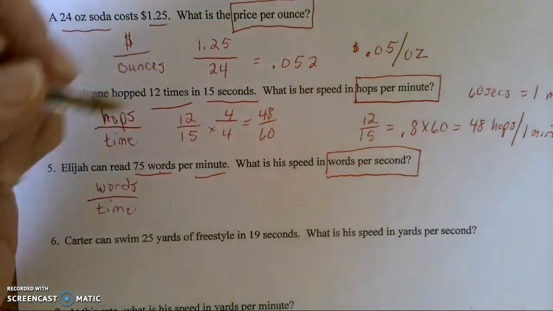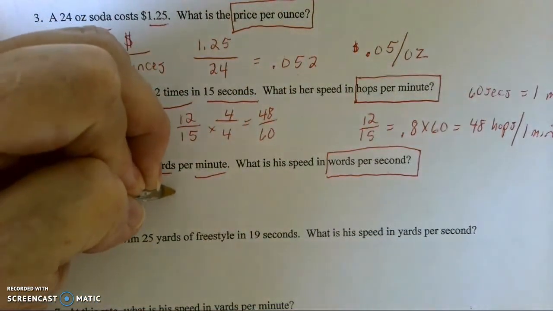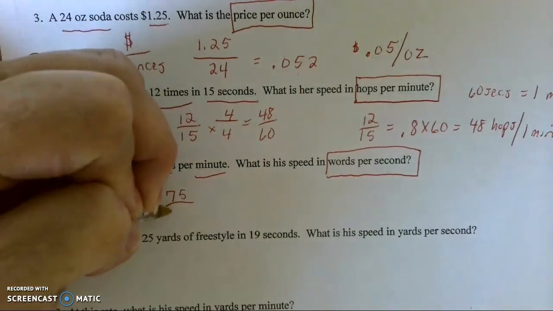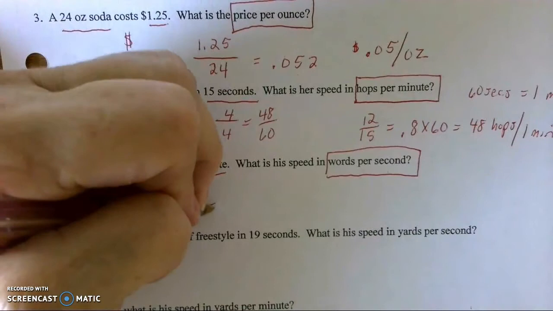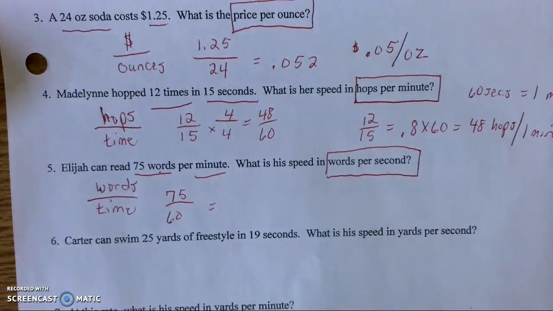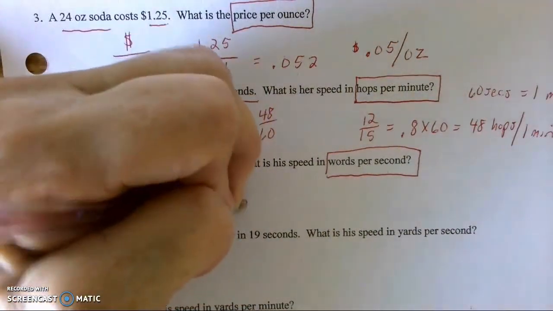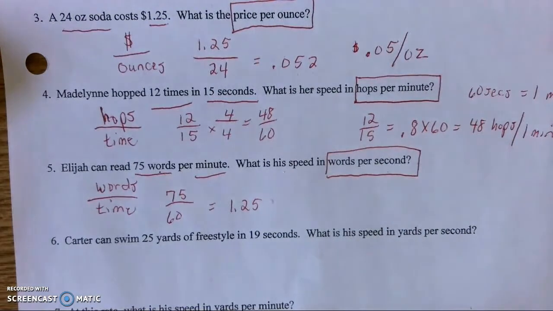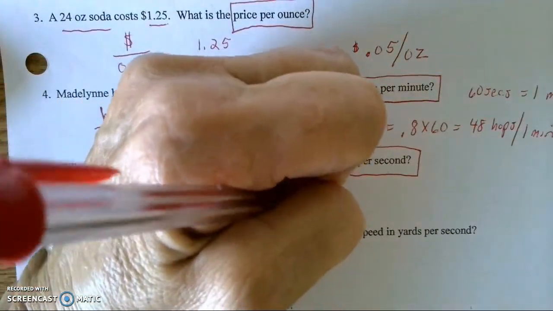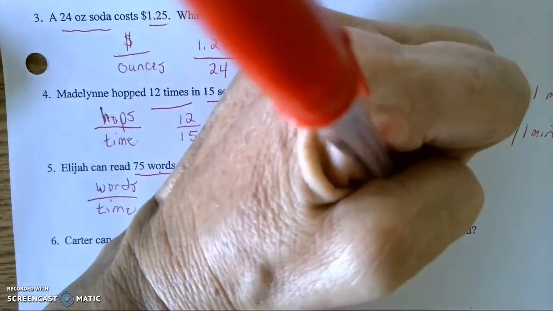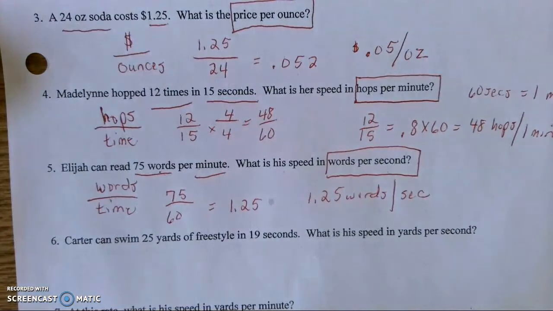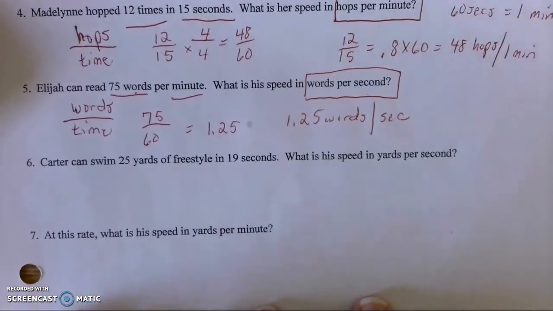So I'm going to go ahead and set this up 75 over 60, because I need to change that minute to seconds. Go through and divide. 75 divided by 60 is going to give me 1.25. He can read 1.25 words per second.